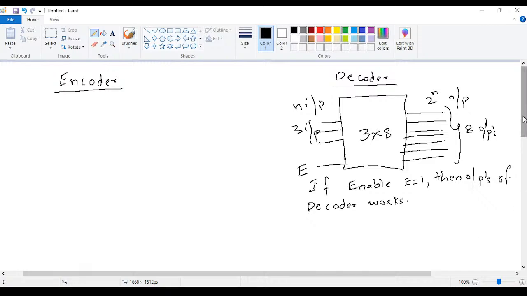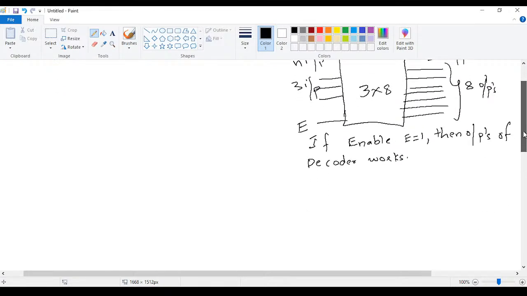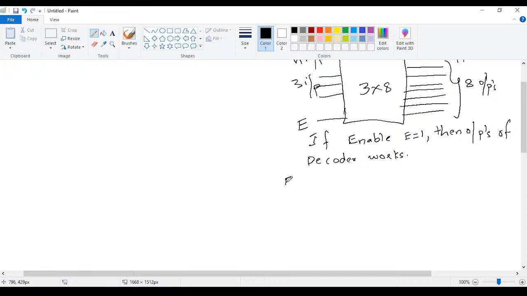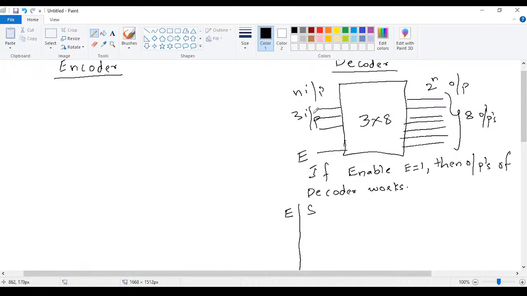We can see the decoder truth table once again. So enable, and let us take the selection lines, that are the inputs. Inputs can be taken as I2, I1 and I0.